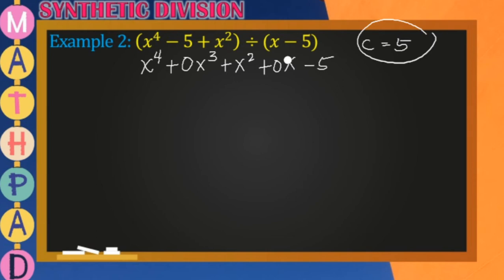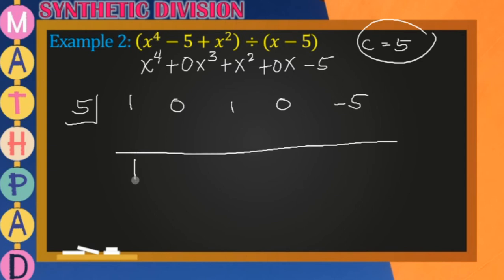Now, again, list down all the numerical coefficients. So, here we have 1. Then, we have 0. Then, we have 1. Then, again, 0. And then, we have negative 5. And for the value of c, we have here 5. Then, bring down the first coefficient. So, 1 times 5 is 5.